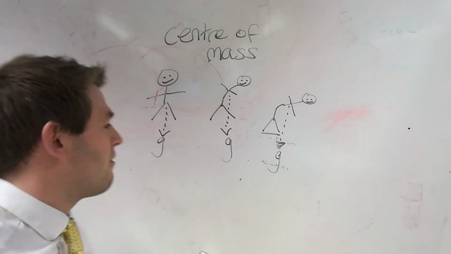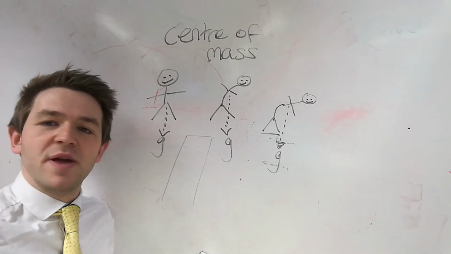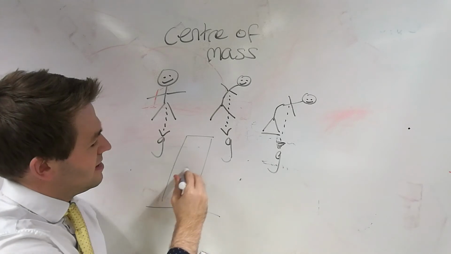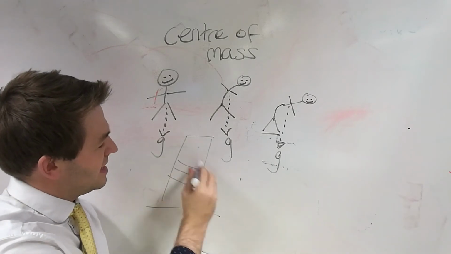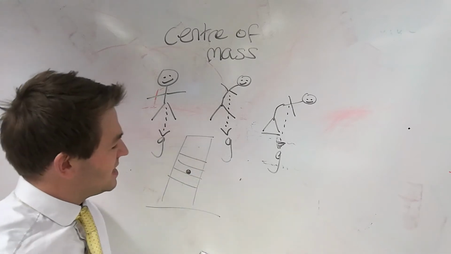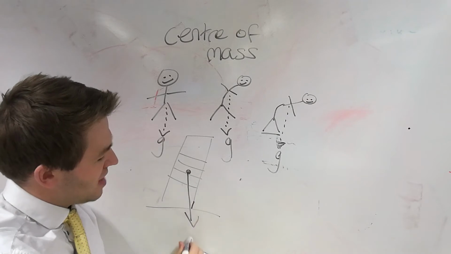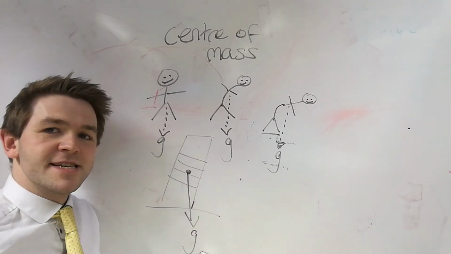Think about one of the most famous things in the world, the Leaning Tower of Pisa in Italy. It's like this here, should be falling over, you think, but the center of mass is here. It is not over the edge, so it can stay up like so.